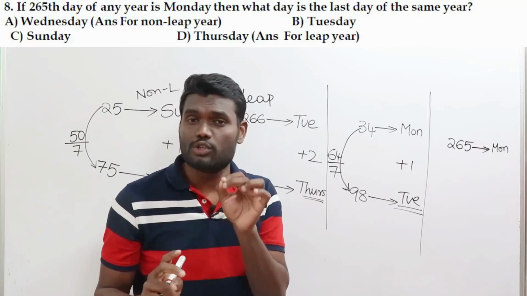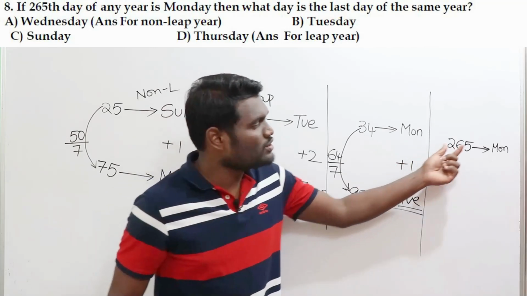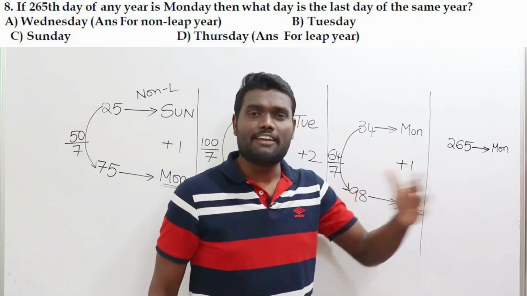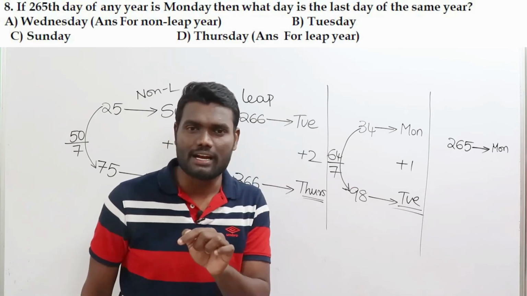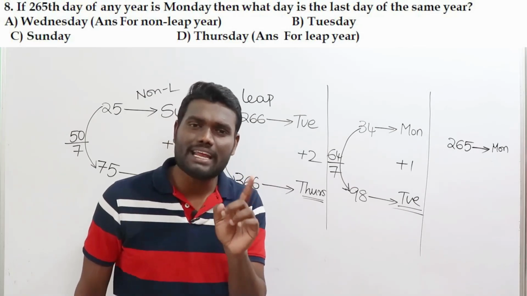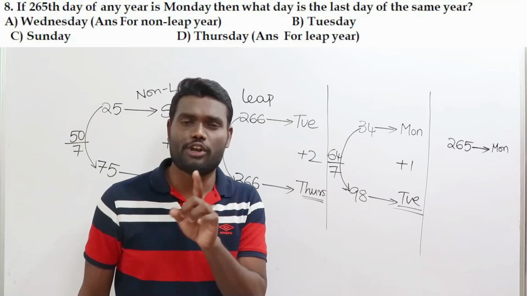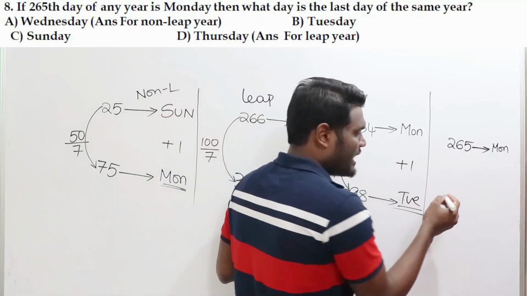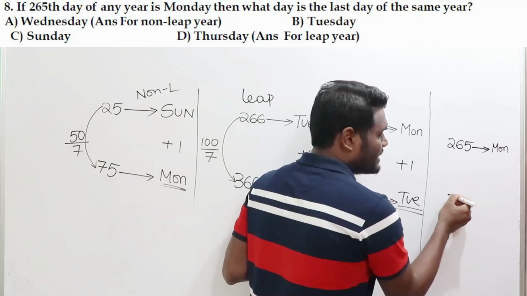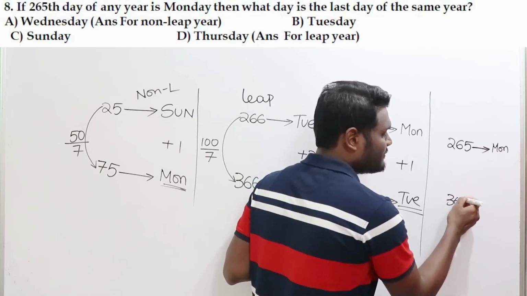Now your answer is going to change. Why? Because if the 265th day is Monday and my question is what would be the last day of the same year, the last day of a leap year is different from the last day of a non-leap year. If it is a non-leap year, the last day will be the 365th day.